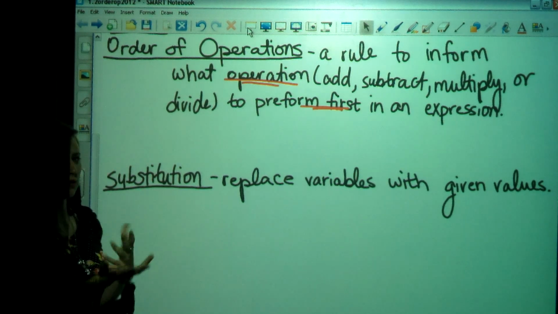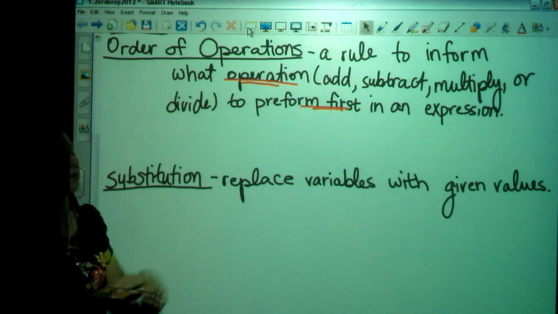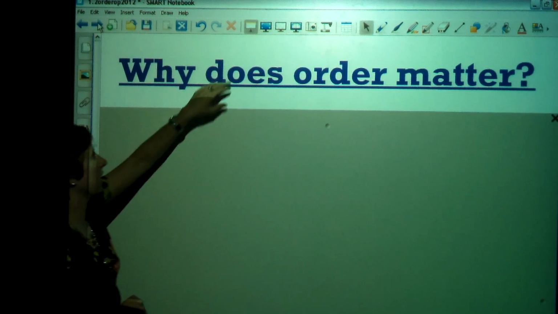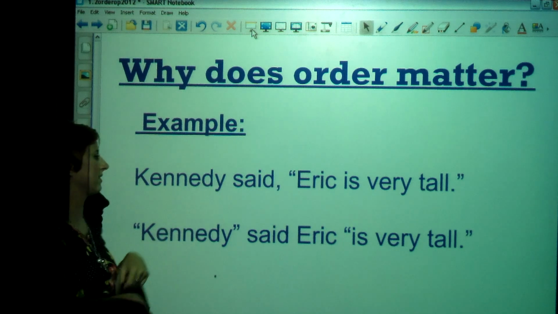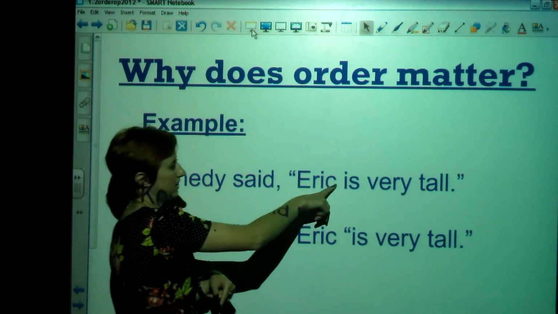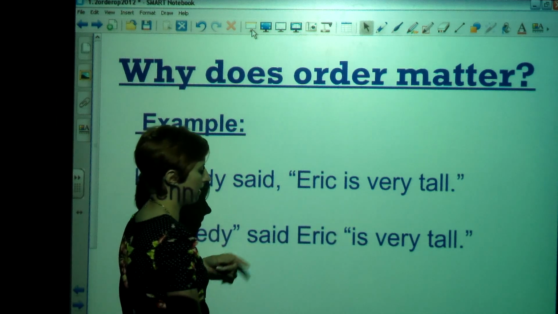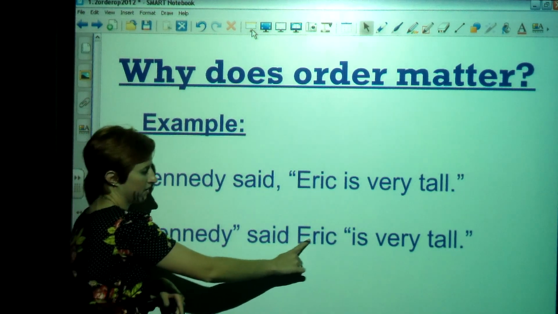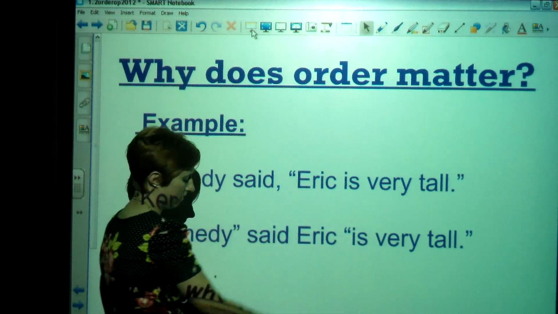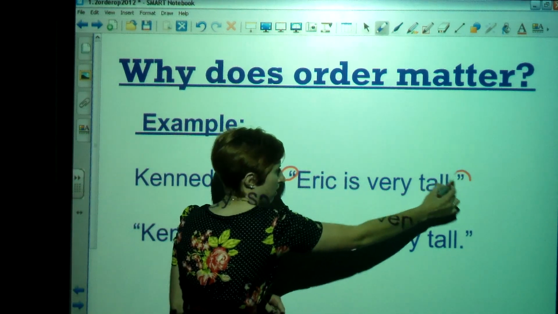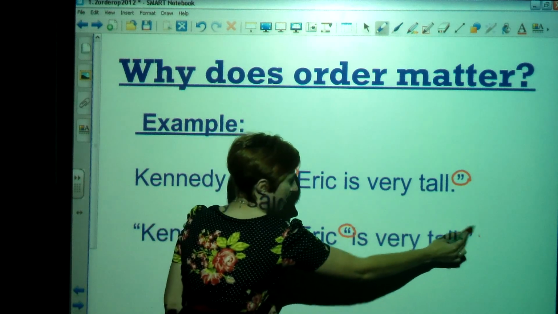A lot of people don't understand order and why it's important in math. So here's a little bit of why order matters, okay? If we were in English class and I give you the sentence, Kennedy said, "Eric is very tall." And then I rewrite it and say, "Kennedy," said Eric, "is very tall." So if you look, the quotations are in different places in each sentence.